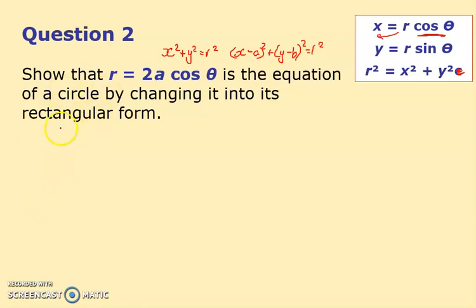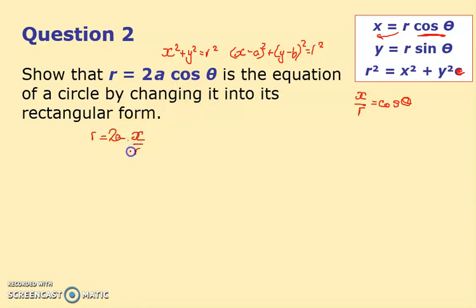So if we're going to do this, the big question is how do you do it? I've written up here, look, we can rearrange this. We can say that x over r is cos theta. That's one way of getting rid of it. So I'm tempted to do that first. If I write r equals 2a, and rather than cos theta, I'm going to write x over r.